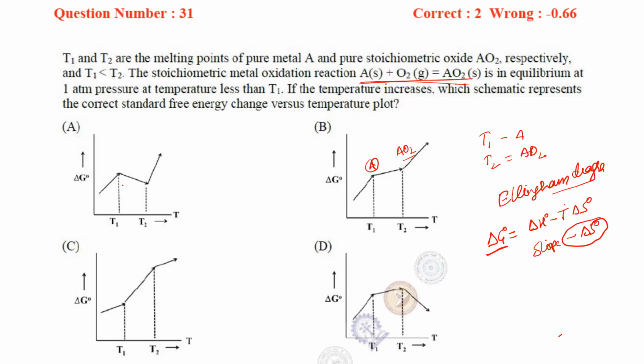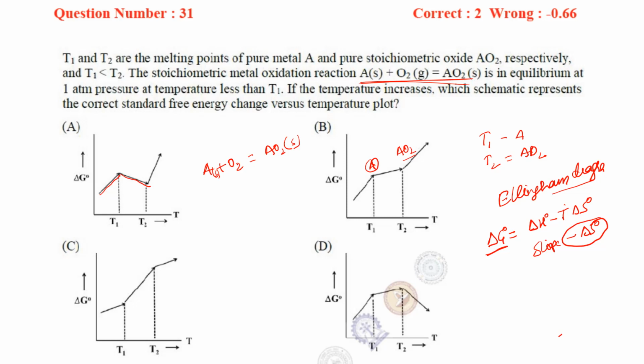We are heating, so we are supplying some amount of heat, and that's why there is a change in the free energy, and basically the change in free energy is such that it is favoring the equation. So it is fine up to the temperature T1. Okay, now from T1 to T2, suppose you see, okay, then what happens? The reaction is A plus O2 is equal to AO2.